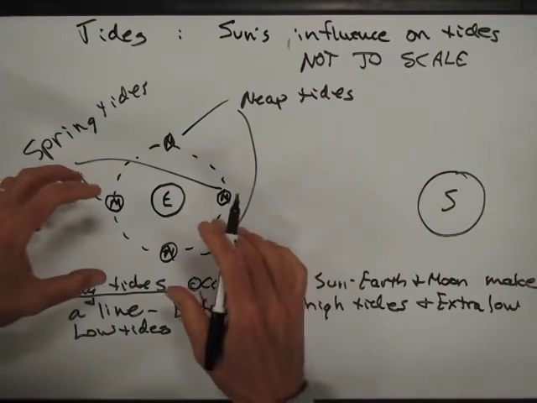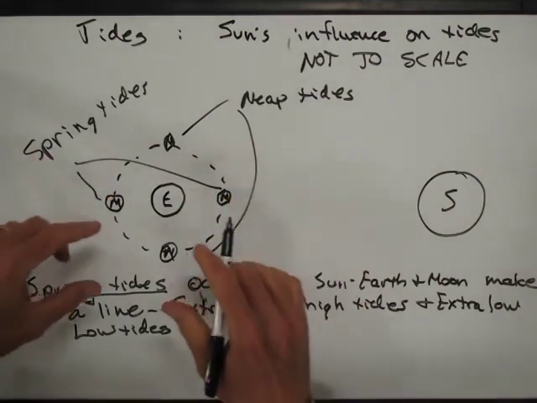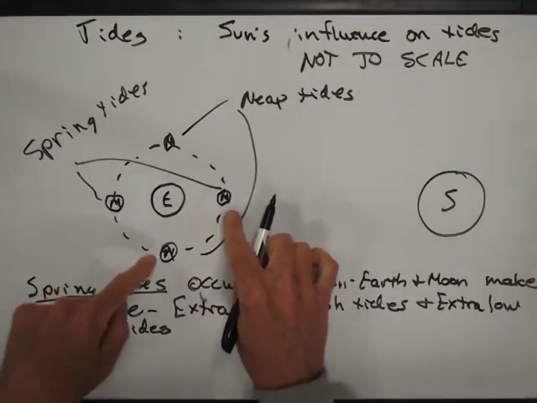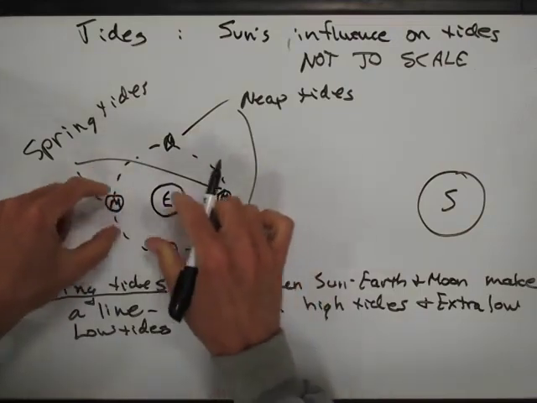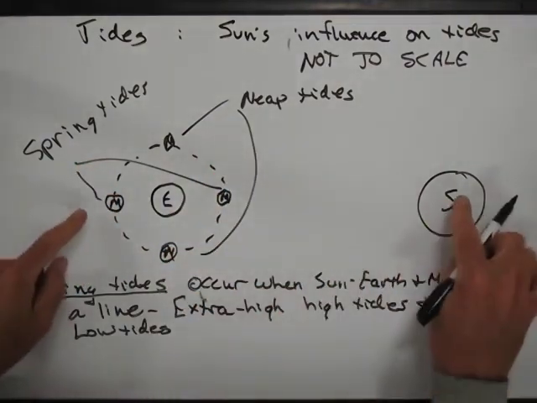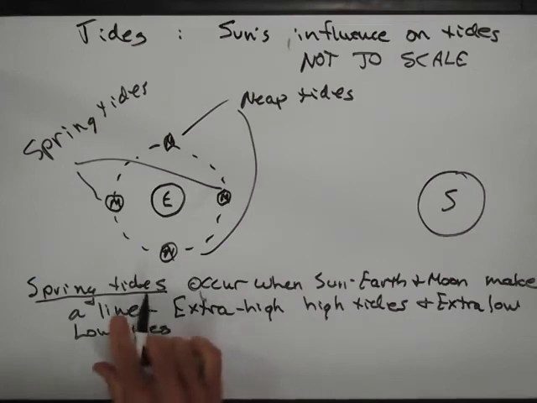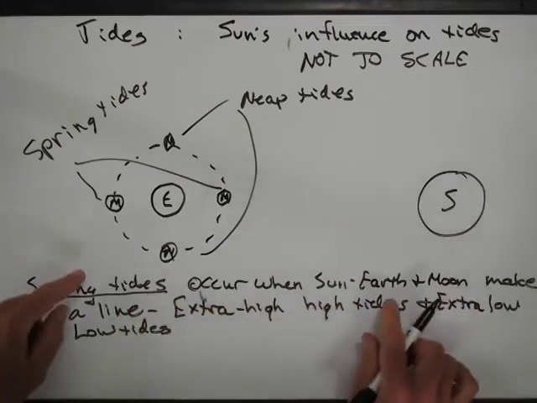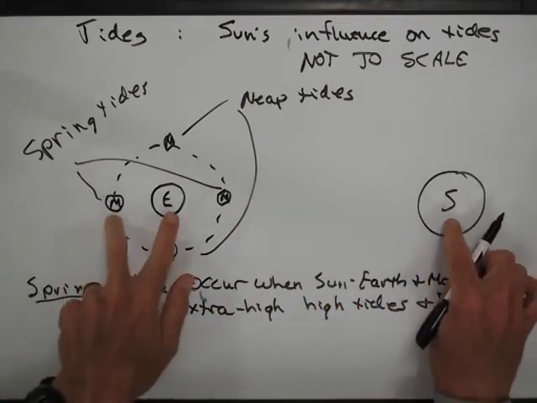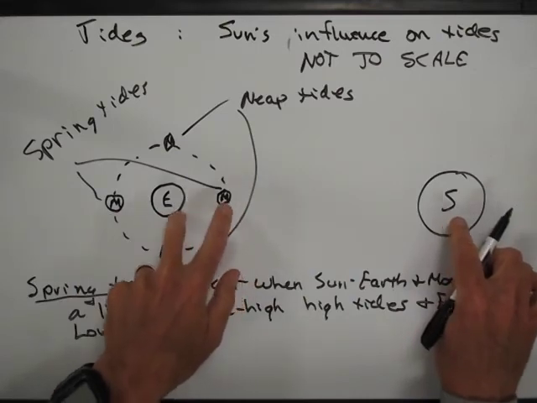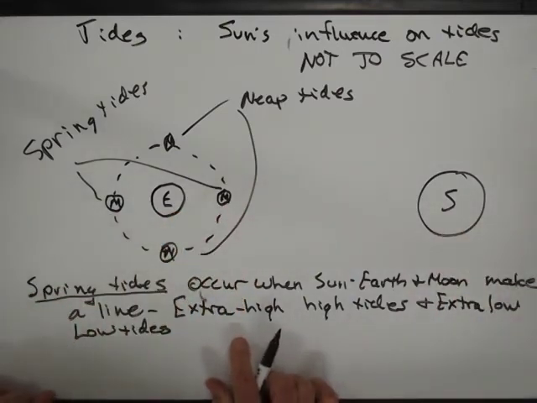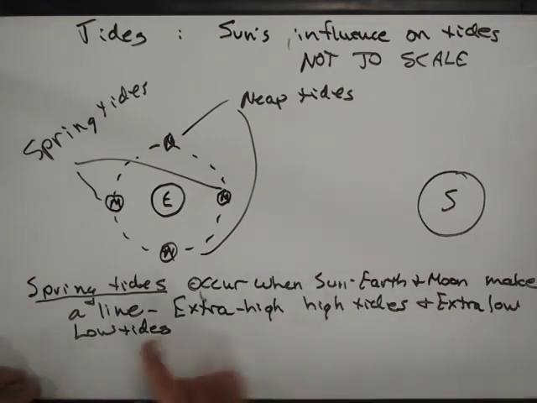It has to do with the fact that they spring up. When the moon moves into this position or into this position, you suddenly get these extra large tides on the Earth when they get lined up. And so spring tides occur when the sun, the moon, and the Earth make a line. So these positions or these positions, either one will give a spring tide. Extra high tides, extra low lows.